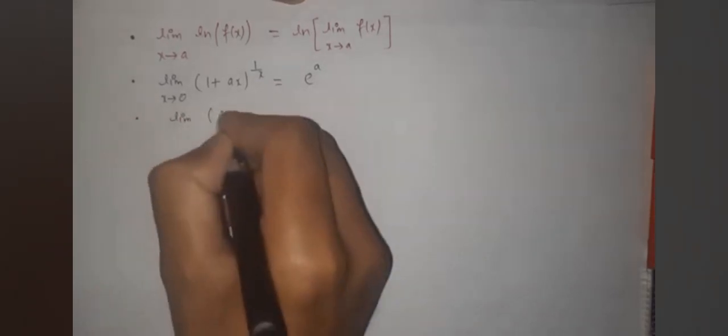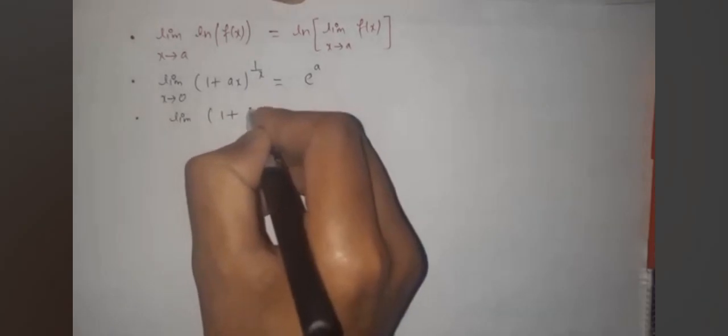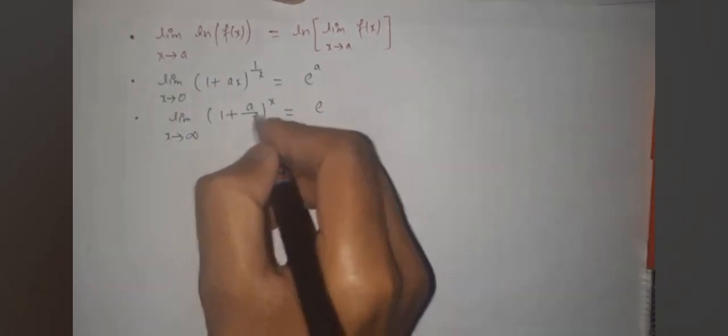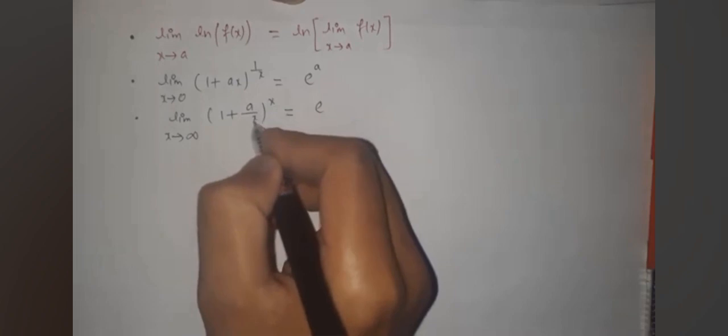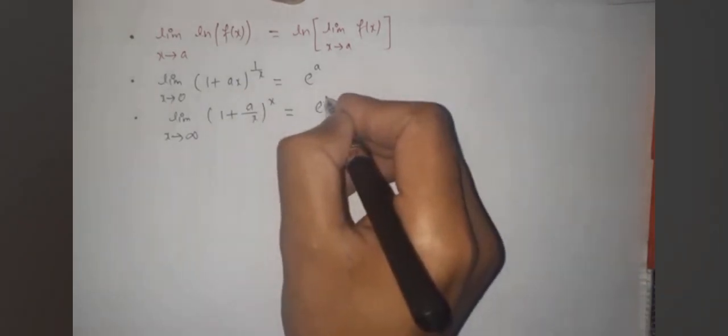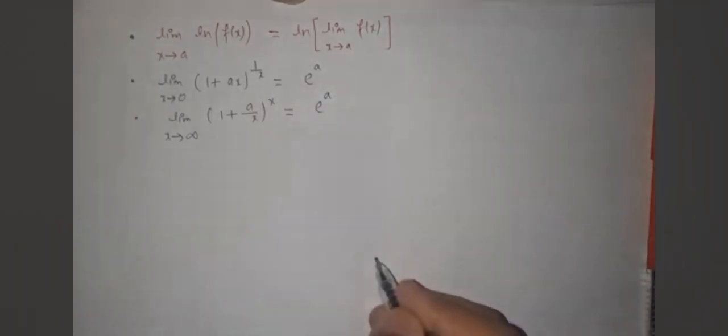Similarly, when the variable approaches infinity, the limit of 1 plus a over x raised to the power x when x approaches infinity, the limiting value will be e to the power of the coefficient of 1 over x. Here the coefficient of 1 over x is a, so we put that a on the power of e.